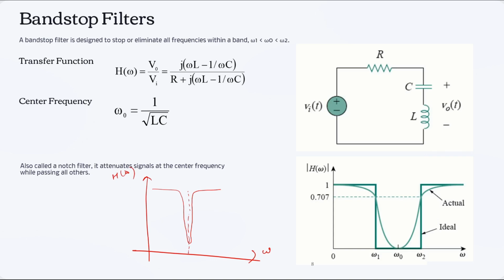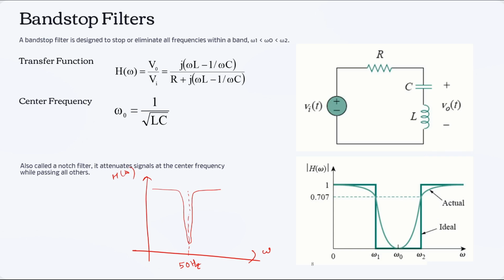A famous, well-known filter that we build is the 50 hertz notch filter, which we used to build for removing the power line noise. For doing that, we eliminate the 50 hertz frequency during the operation and the remaining frequencies are passed. To do that, the bandstop filters help, and particularly the narrow bandstop filters help.